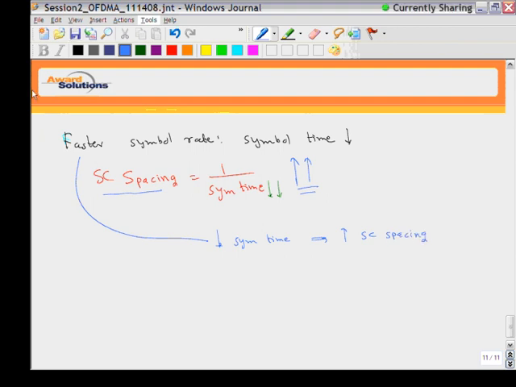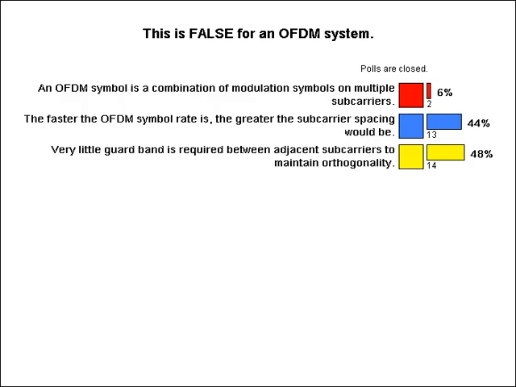Currently, our poll's second choice says the faster the symbol rate, the larger the spacing. So that is a correct statement. It is true, and since it is true, we cannot choose that as the answer, because we are looking for a false statement, not a true statement.